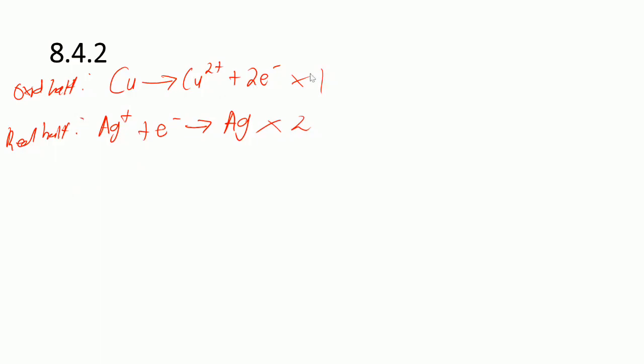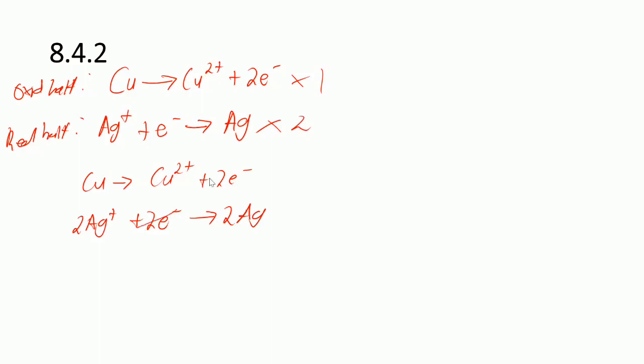Multiplying by 1, everything remains the same, but multiplying by 2 below will change this, giving 2e and 2Ag. Now we have the same number of electrons.